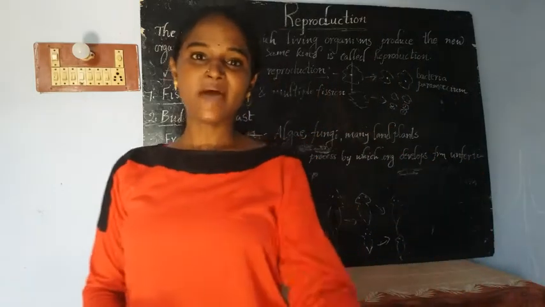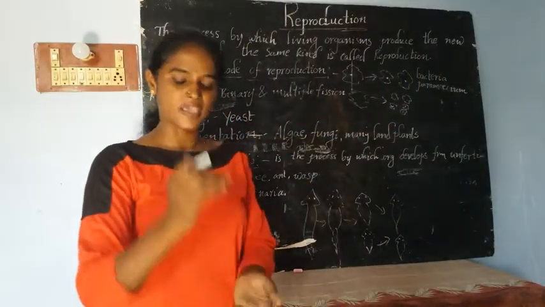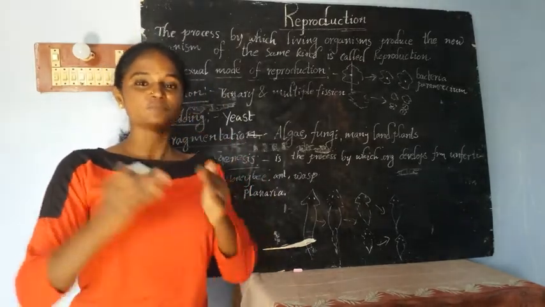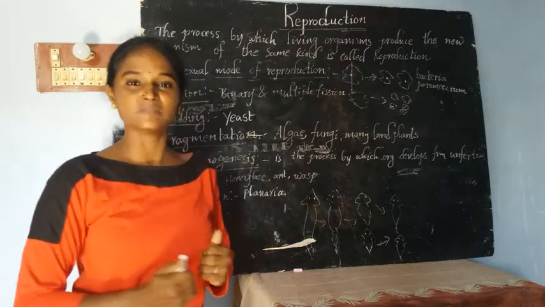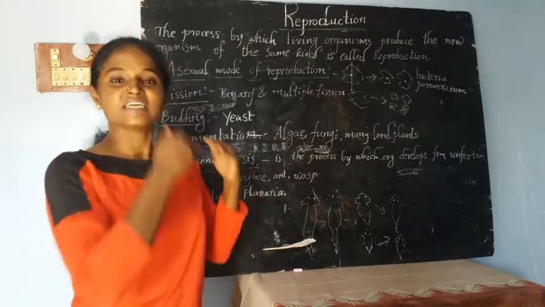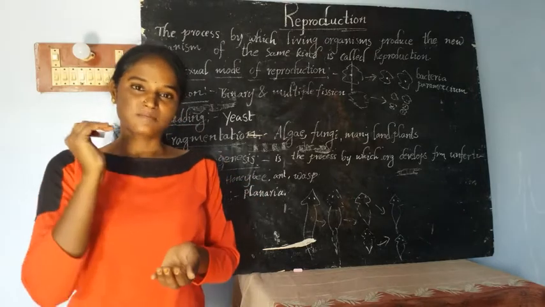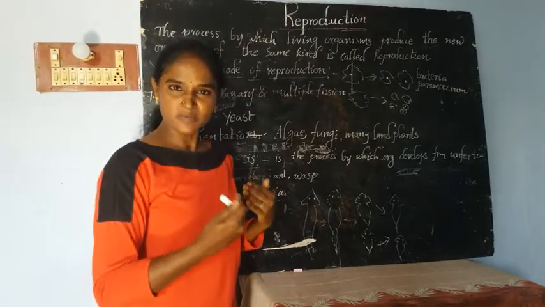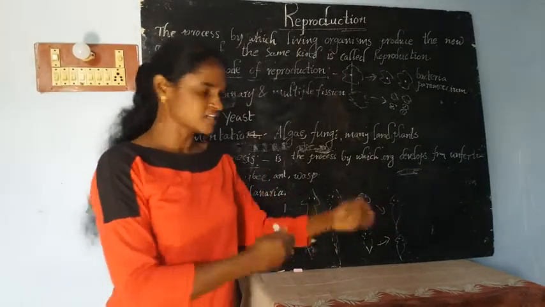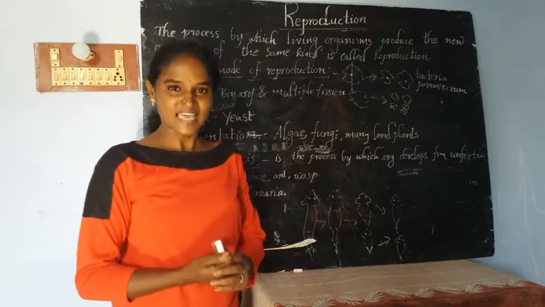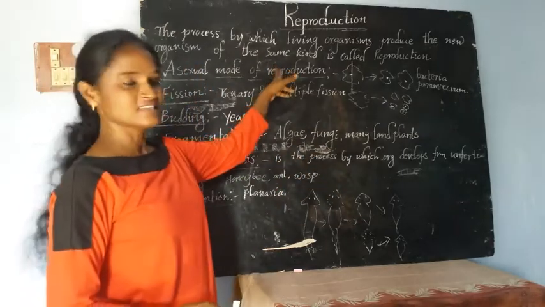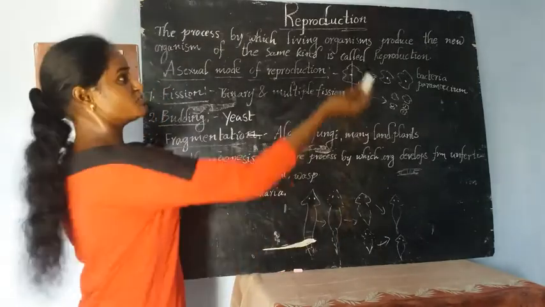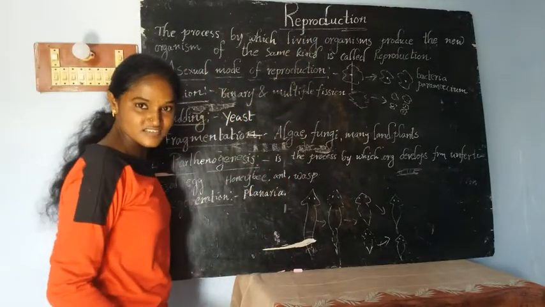Same kind means a mango tree gives birth to a small sapling of a mango tree, a cat gives birth to a kitten, a dog gives birth to a puppy, and a mother gives birth to a small baby. Human beings give birth to human beings, and a cat gives birth to another cat. Here, same kind means organisms produce the same variety of organisms by the process of reproduction.